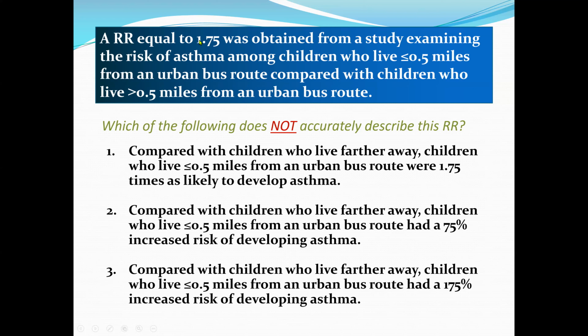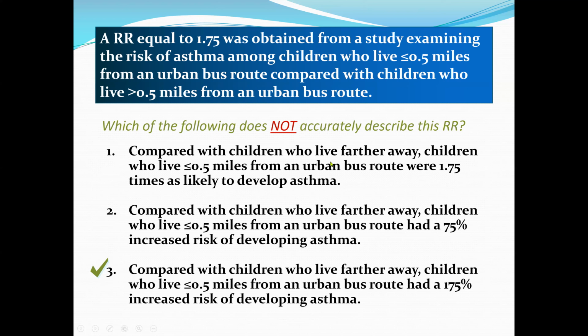Again, here our exposed will be those who live closer, less than or equal to 0.5 miles. So when we look at the first answer, they say compared with children who live further away, which is over 0.5 miles, children who live less than or equal to 0.5 miles from an urban bus route were 1.7 times as likely to develop asthma.